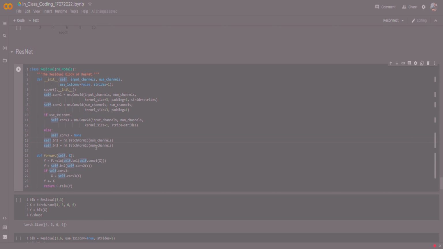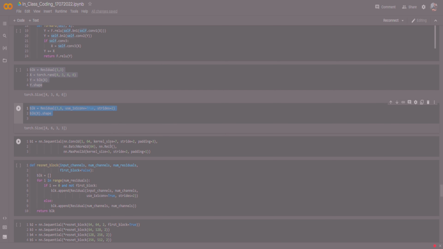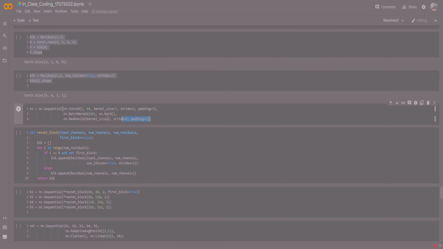Then how the forward connections are made, that's what is there. Then you can see this is just a test, so don't worry about this part. We were simply testing whether it's going to generate the particular array or size or not. That's not needed. Then we define the 1 by 1 layers over there.